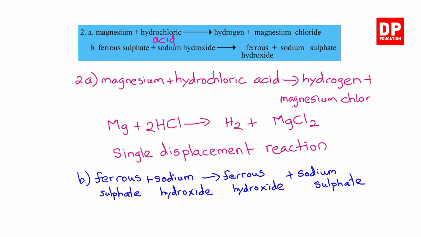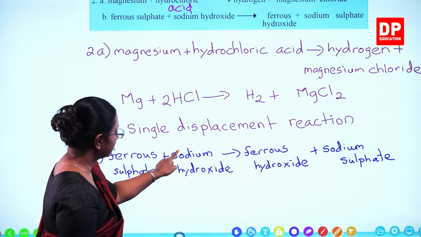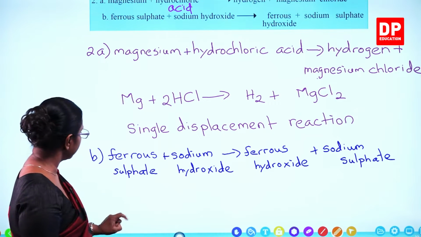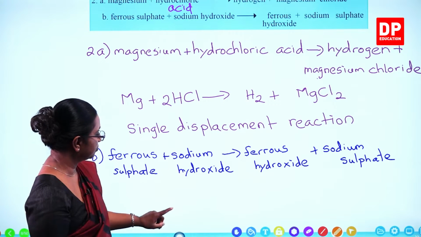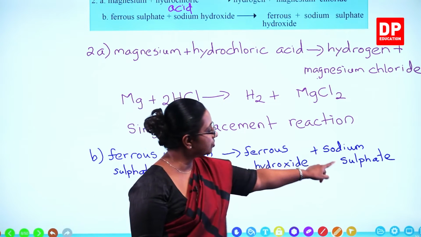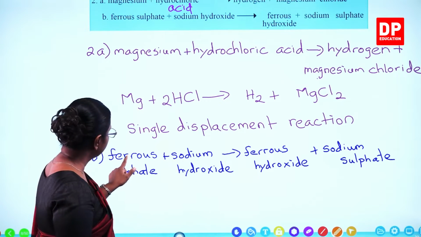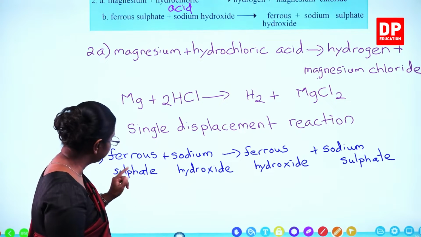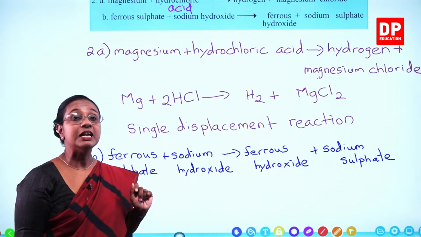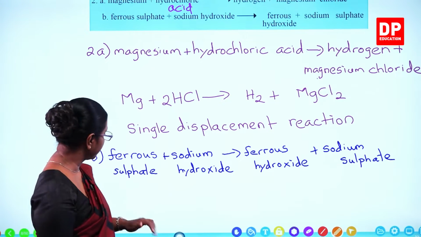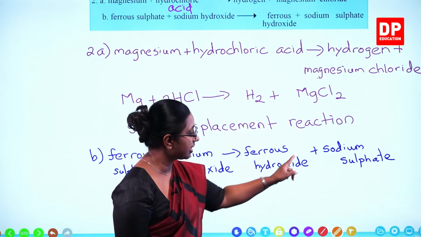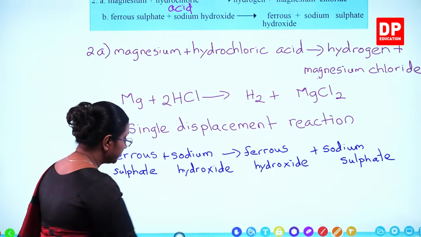So you can see ferrous sulfate, sodium hydroxide. Now it has become ferrous hydroxide. Ferrous has displaced sodium and combined with hydroxide. Then you have sodium sulfate. Sodium has displaced ferrous and combined with sulfate. So you all know this has to be a double displacement reaction. Ferrous sulfate, sodium hydroxide giving rise to ferrous hydroxide and sodium sulfate.